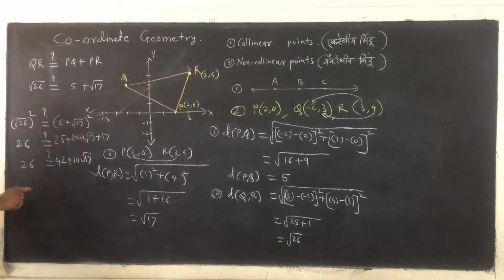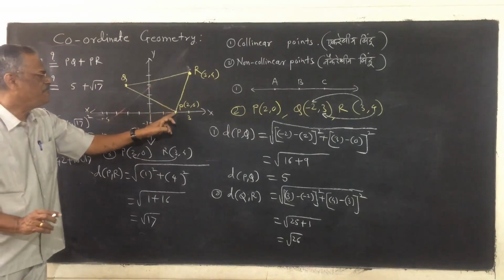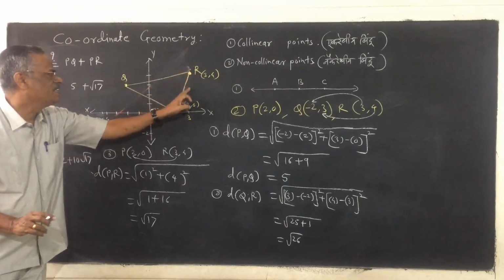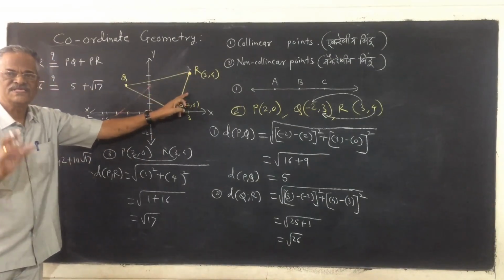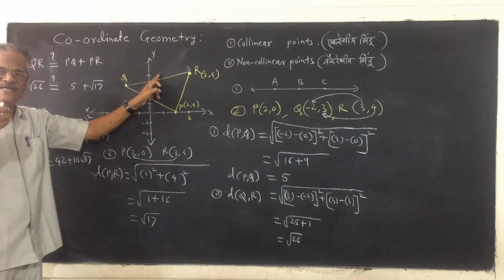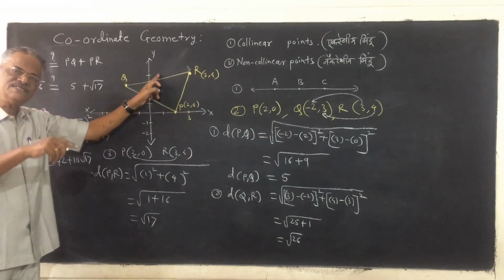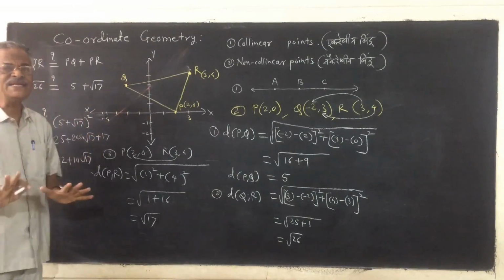Now you can compare. The right hand side addition is greater than the left hand side. So what is the meaning there? PQ plus PR, the sum of the two segments, is greater than the third segment. So it is a triangle.